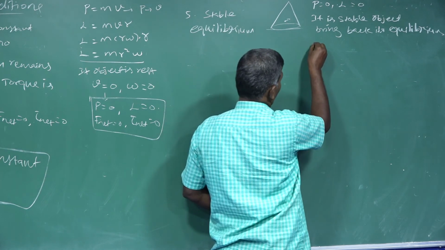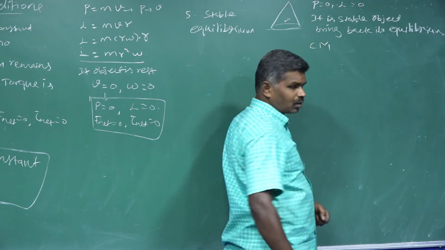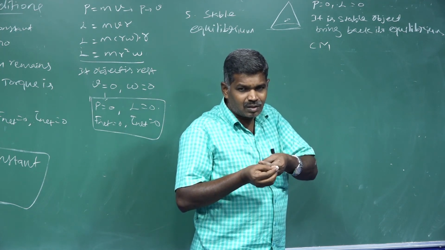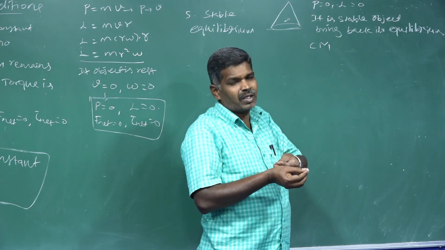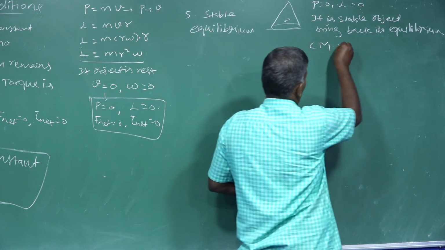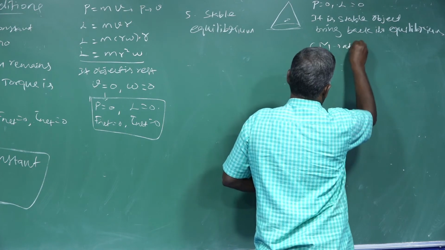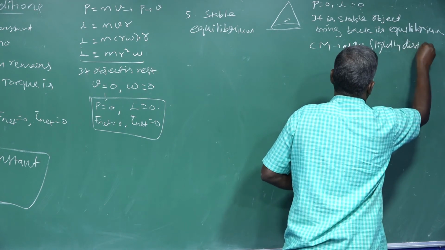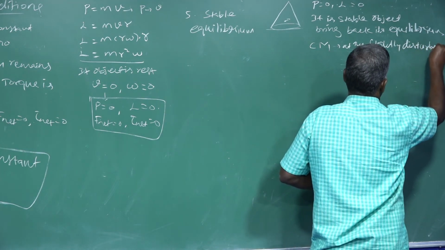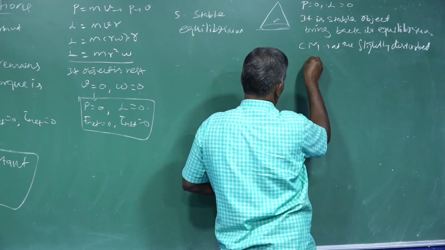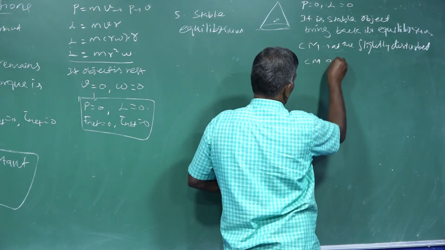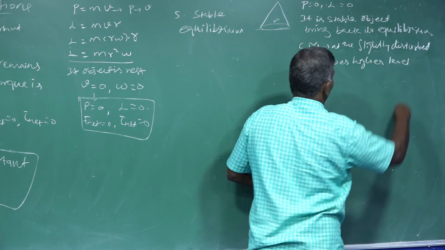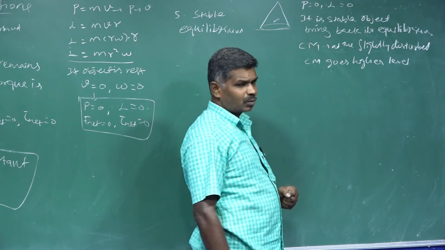Then we have the center of mass. At the time of slight disturbance, the center of mass goes to a slightly higher level, but once again it comes back to its original position.